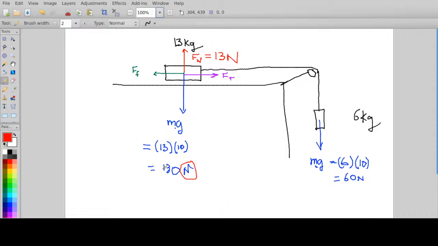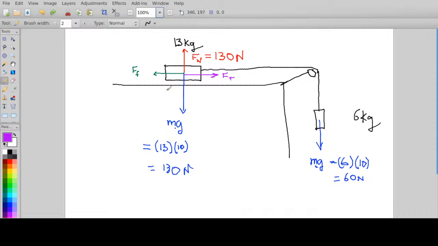It just did not come out very well. This whole thing here is supposed to be 130 newtons. So this 130 newtons here cancels that 130 newtons there.